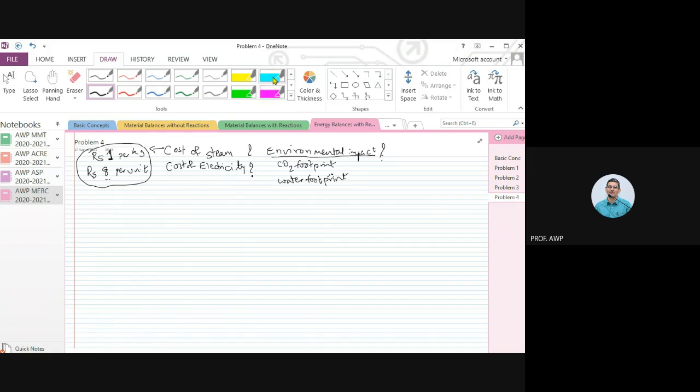So these are the next couple of problems. These are the things that we are going to look at. How do I get a cost? How do I get an environmental impact, in terms of the footprint of the human activity of steam, human activity of electricity on the environment, right? So these are only some case studies.